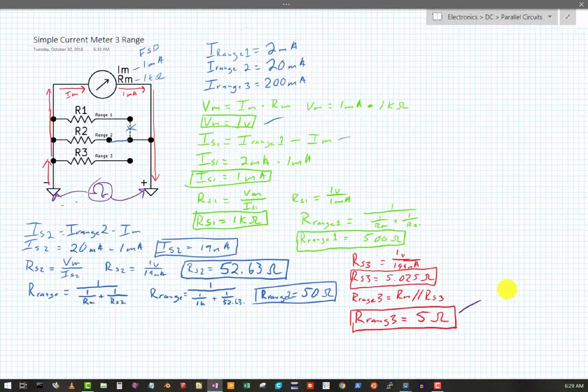So that's my 5 ohms for range 3, my 50 ohms for range 2, my 500 ohms for range 1. That tells you that I've got it hooked up properly and everything's good.